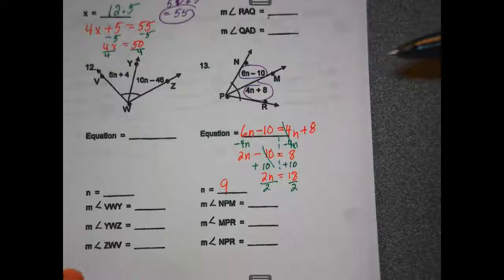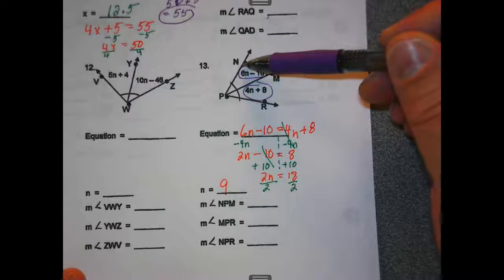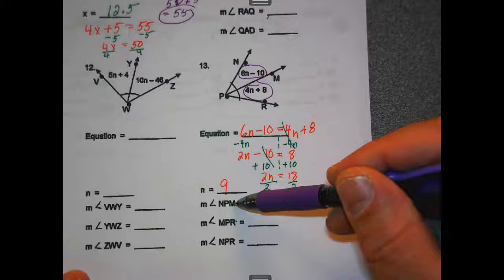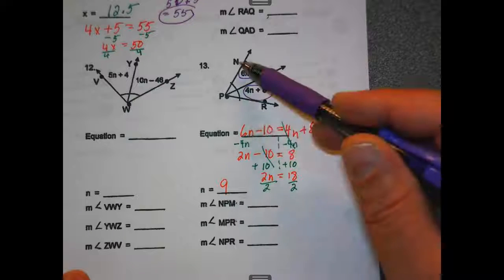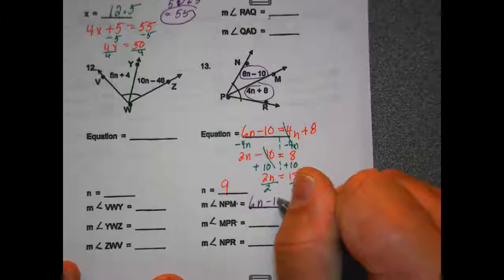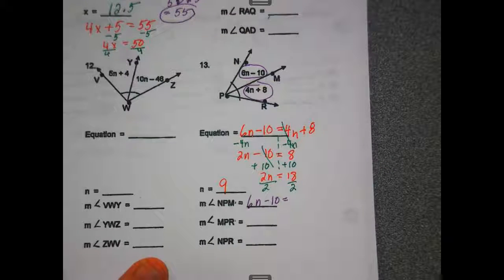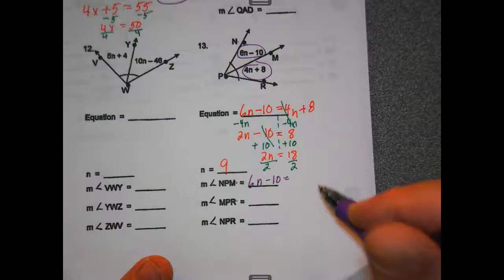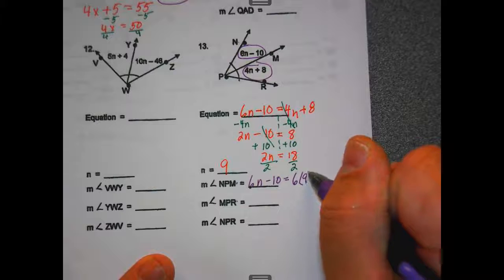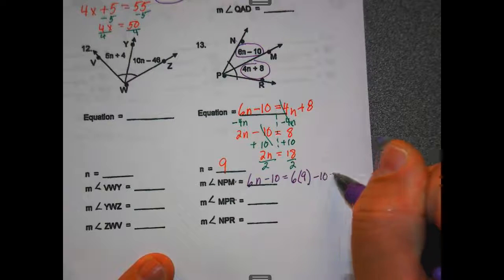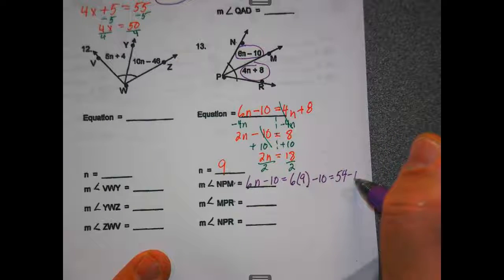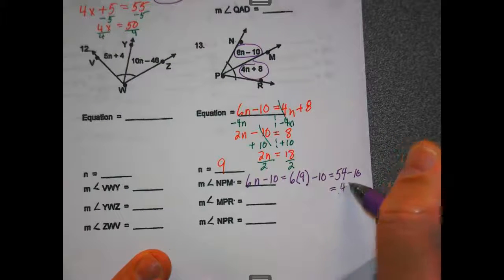Angle NPR. No, let's do this one. NPM. NPM is 6n minus 10. Okay, n is 9. 6 times 9 minus 10. 54 minus 10. 44.